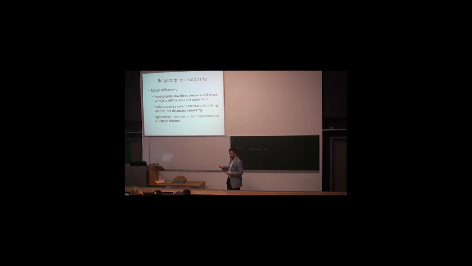That means that hypovolemia, low blood pressure, for example, due to trauma or some other reasons, is also a stimulus for antidiuretic hormone secretion. And in this condition, the antidiuretic hormone will still absorb only free water without the ions, and therefore the response will be lower osmolarity that is not physiological. And this you will find quite frequently in patients in critical state, that they have hyponatremia and hypoosmolarity, and still they have secretion of antidiuretic hormone.